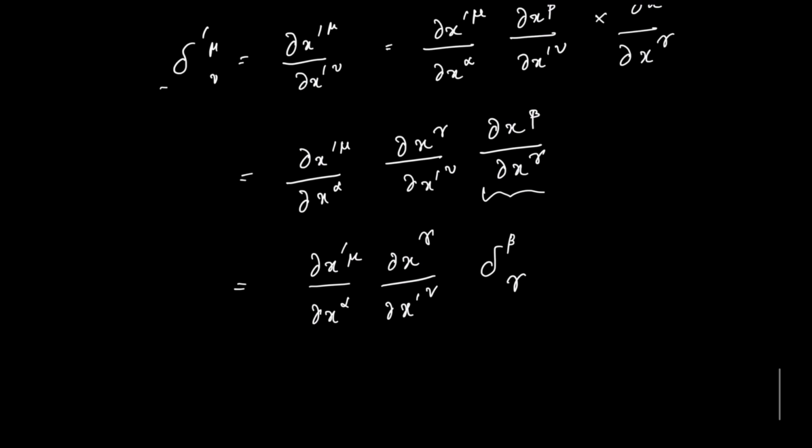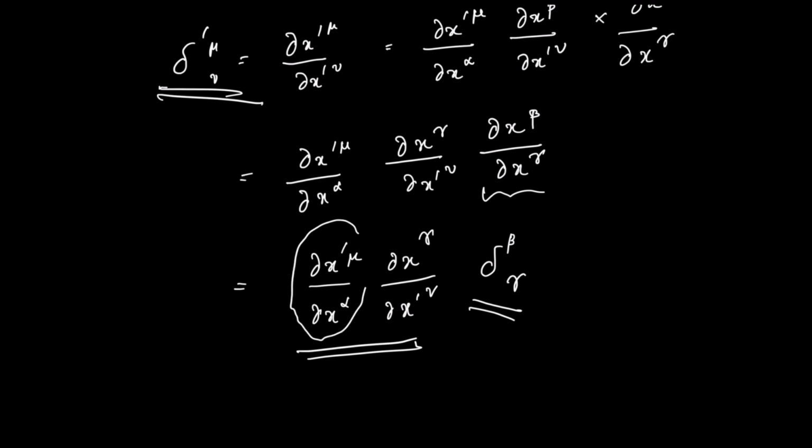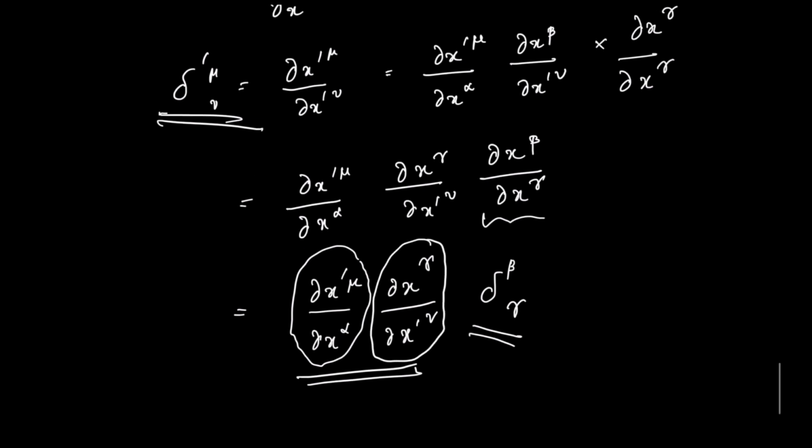So δ'^μ_ν transforms to δ^β_γ in this manner. That is, μ transforms in a contravariant way and ν transforms in a covariant way, right?